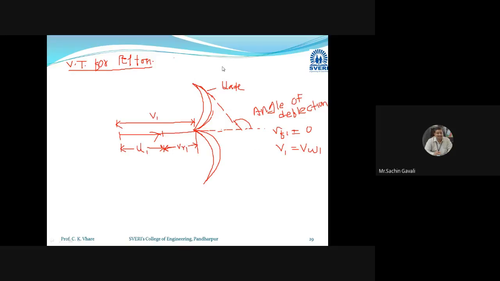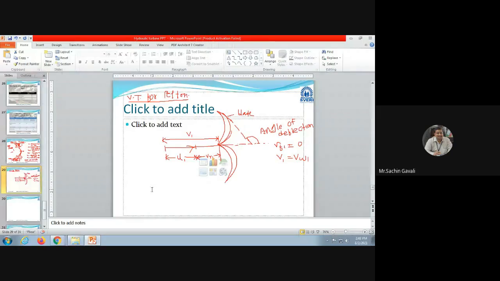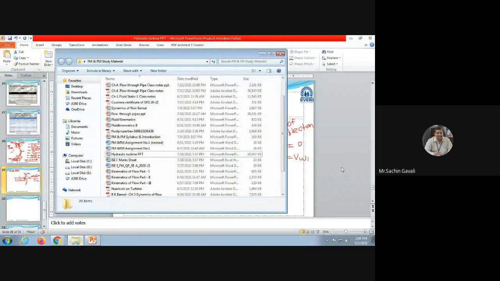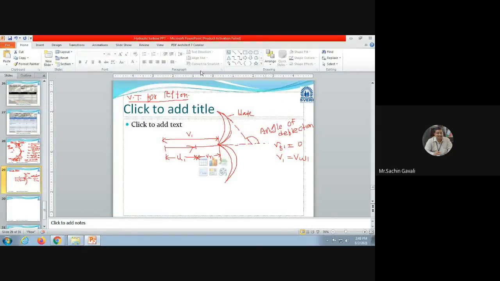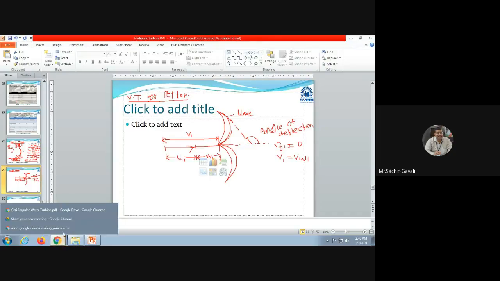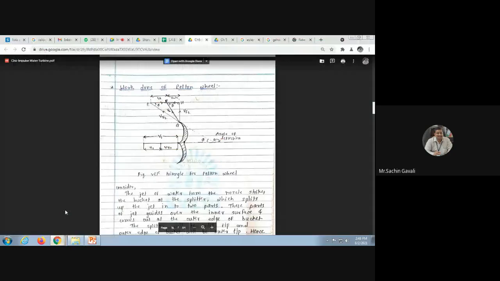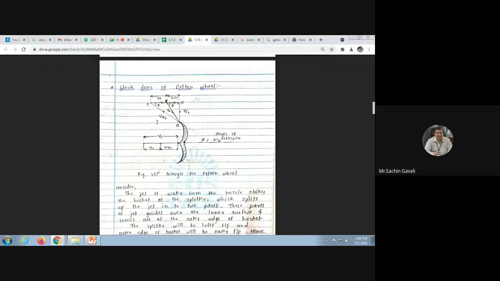So this will be the inlet velocity triangle for Pelton turbine. So this will be VR2 making an angle, so V2, Vf2. So everybody understand this diagram?